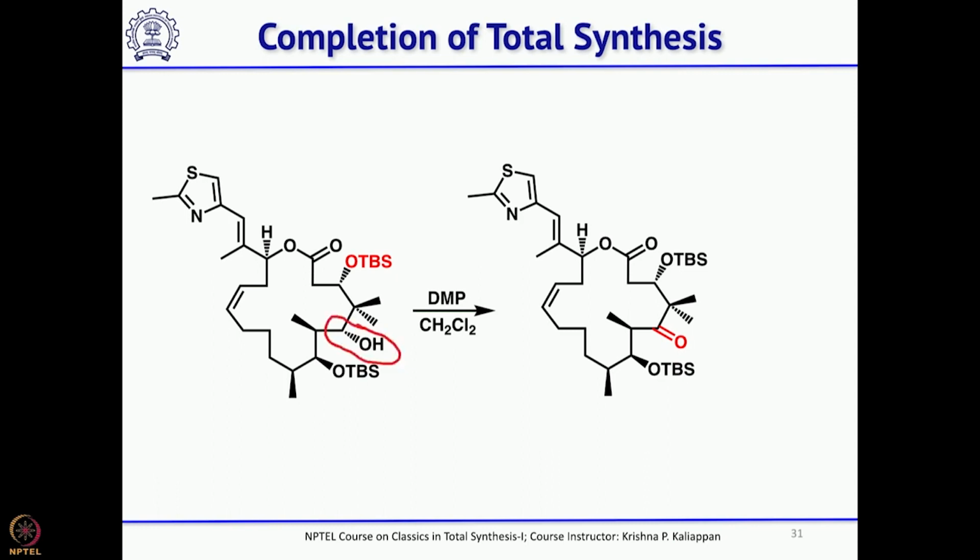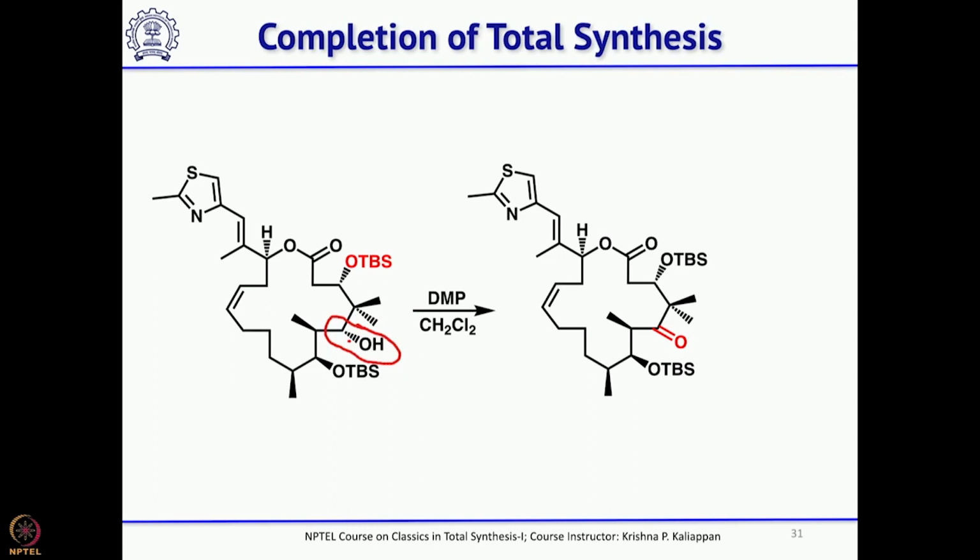If you look at epothilone, this hydroxyl should be ketone. Okay. But if you look at the precursors, all three are hydroxyl groups, are protected hydroxyl groups. So, now you need this as ketone. So, that is why selectively one has to remove the triphenylsilyl group in the presence of TBS and protect the other side aldol as TBS ether, then oxidize this secondary alcohol to ketone.